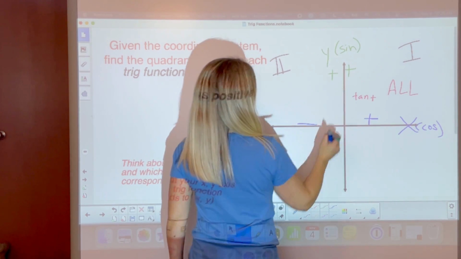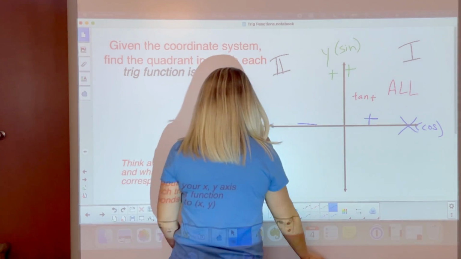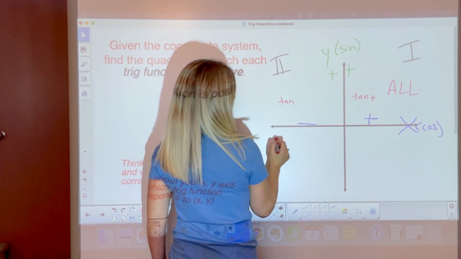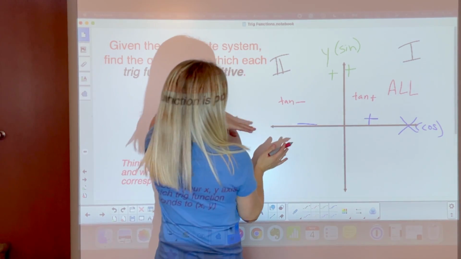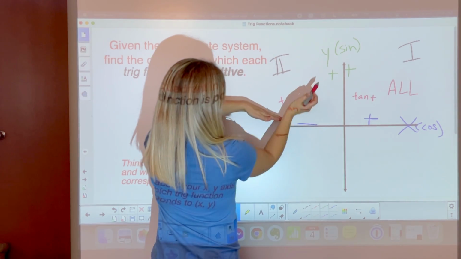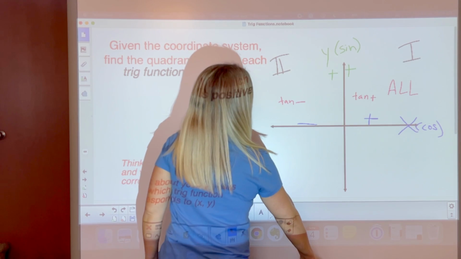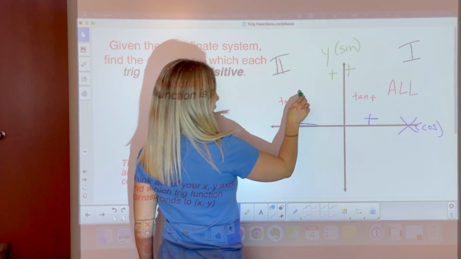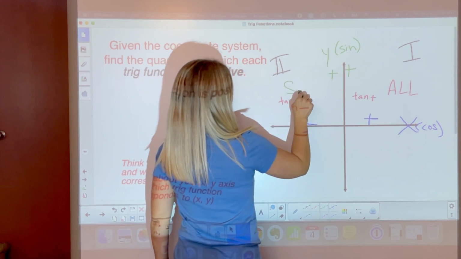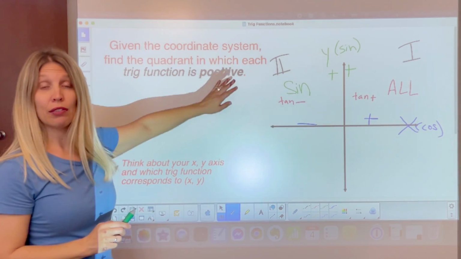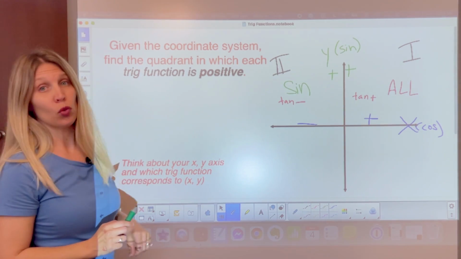Your y values are still positive, which means tangent is going to be negative. When you take your y over your x, a positive over a negative will give us a negative, which means the only trig function in this category that will be positive is sine. Your sine values will all be positive in quadrant 2.